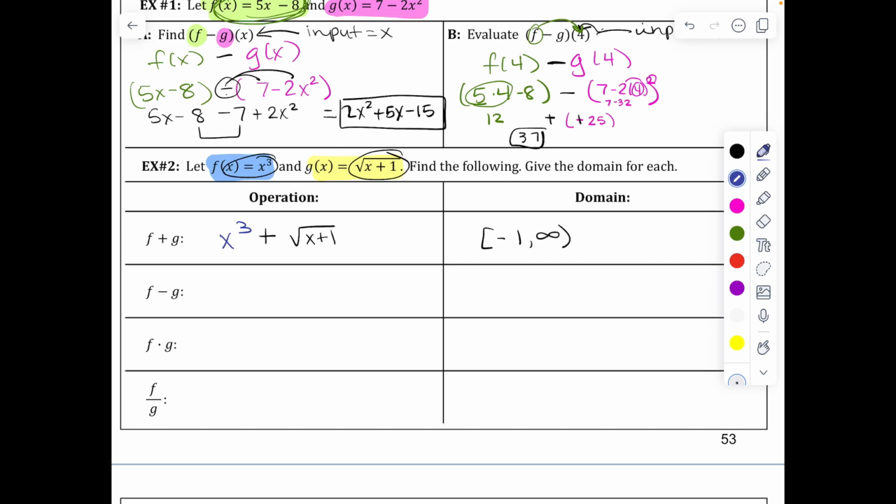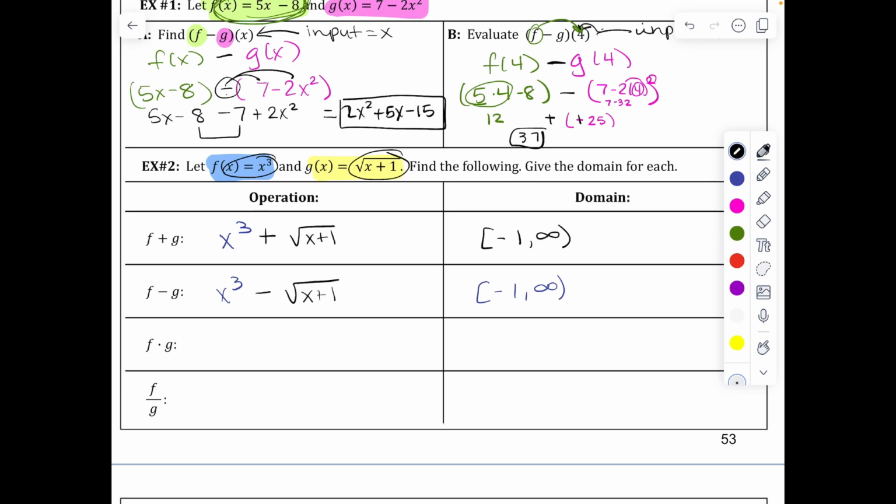All right, let's look at f minus g. So that's x cubed minus root of x plus 1. Okay, so again, x cubed is negative infinity to infinity, and minus the root of x plus 1 is still going to be from negative 1 to infinity.